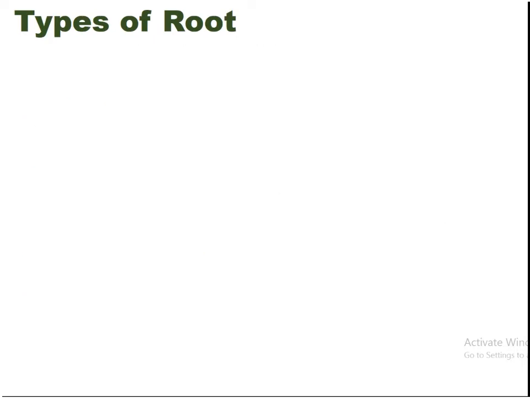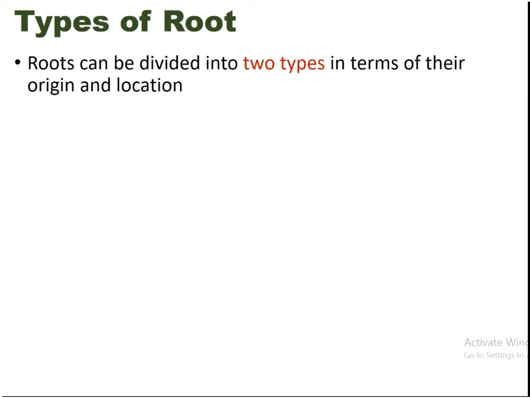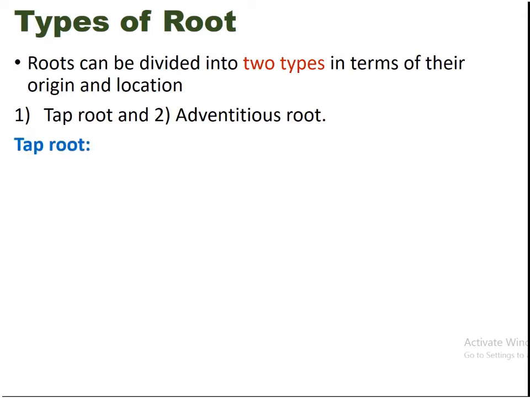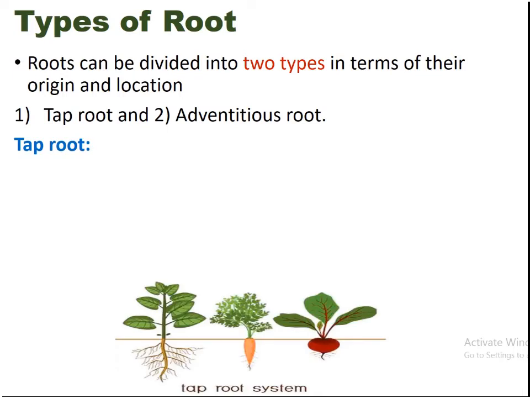Now let's talk about the types of roots. If you observe, you will see that the roots of all plants are not the same. Roots can be divided into two types in terms of their origin and location: the taproot and the adventitious roots. Typically a taproot is somewhat straight and very thick. This is a figure of a taproot system.